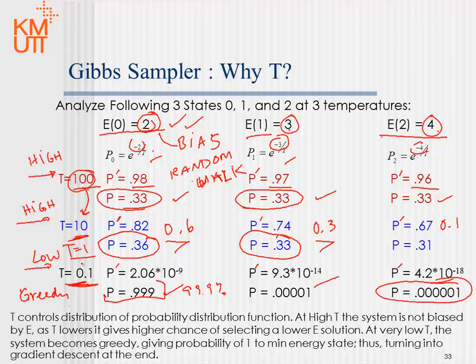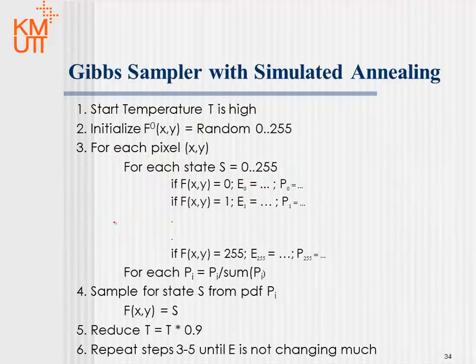Okay, so I hope you understand the reason we have t in simulated annealing, and the reason we use this complex exponential function is because this way we could use a temperature to control the probability distribution function as time goes by. So here we go back and visit the simulated annealing equation.